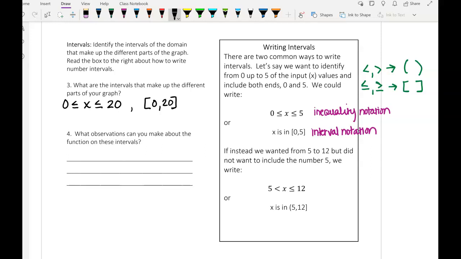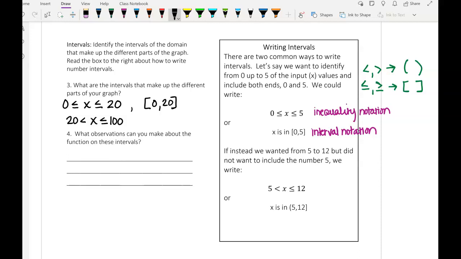Now, because we included the 20 in the first interval, we can't include the 20 in the second. So when I talk about the linear function, then I have to say 20 is less than x is less than or equal to 100, because our graph went to 100. Again, these intervals are all about the sections of the x-axis that we're talking about.